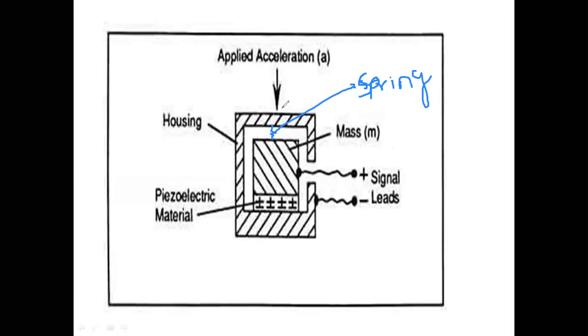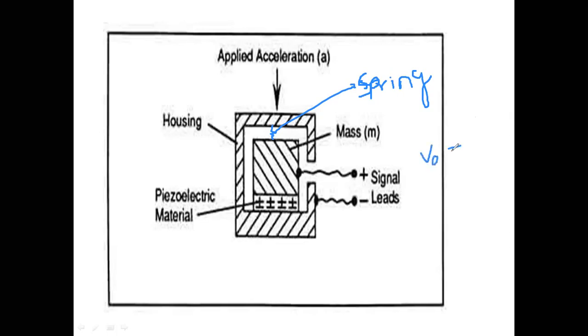Here I'm applying acceleration onto the housing so that a jerk is placed on this mass element, so that the piezoelectric crystal gets some stress. Therefore, the structure of the piezoelectric crystal will deform, so I'll get an output voltage.